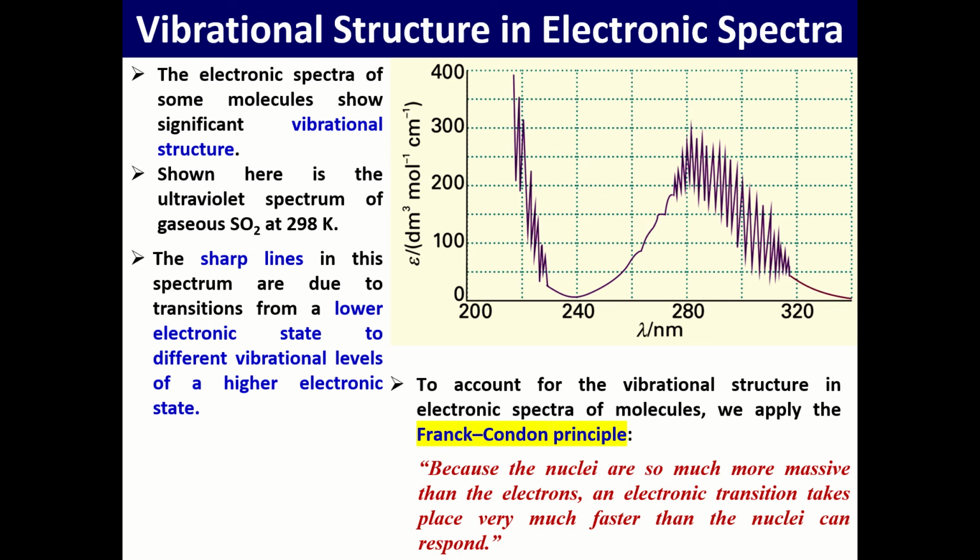But the time scale of vibration and the time scale of electronic excitation are different. The time scale of vibration is around 10 to the power minus 12 seconds, whereas the time scale for electronic excitation is around 10 to the power minus 15 seconds. So it is 1000 times faster.